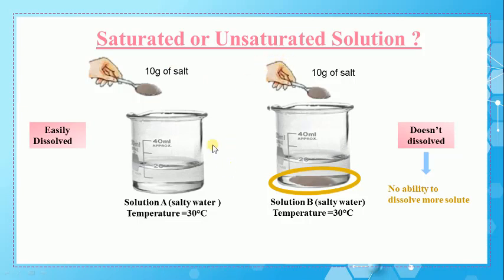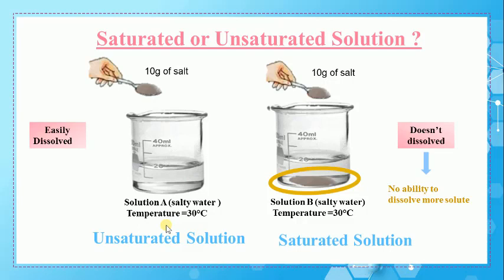Let's remember together. The saturated solution is the solution which cannot dissolve any more solute, while the unsaturated solution is the solution which can dissolve more solute. So, solution A is the unsaturated solution, while solution B is the saturated solution.